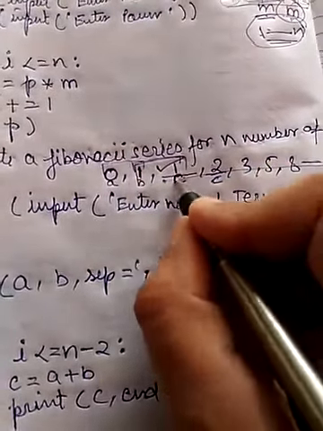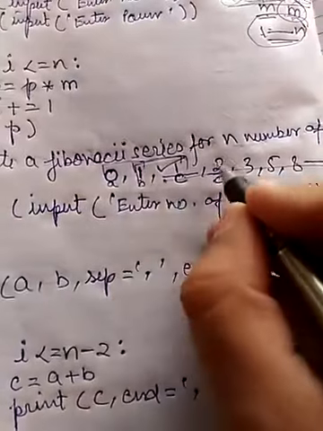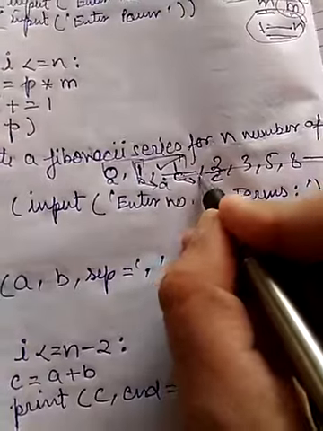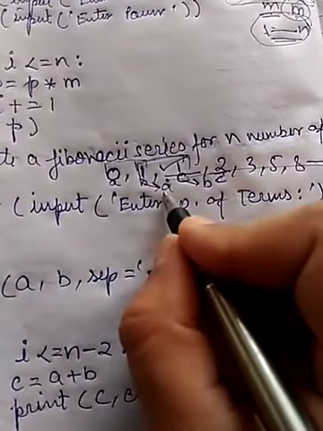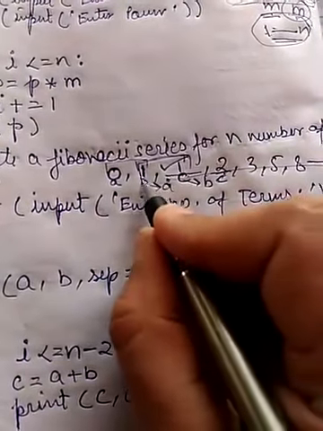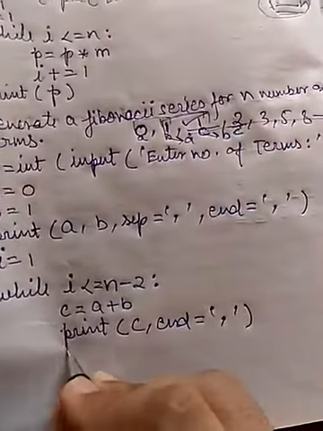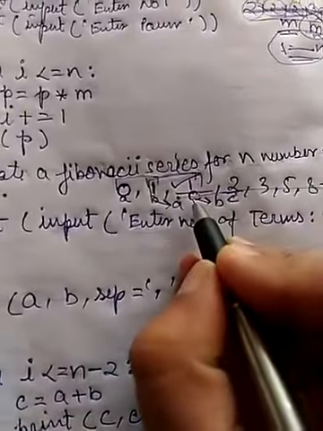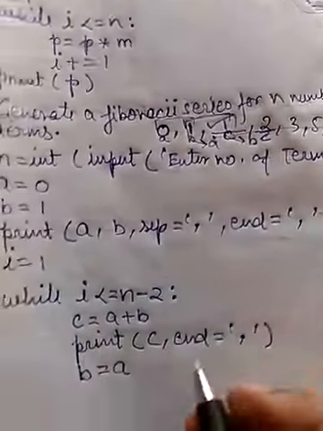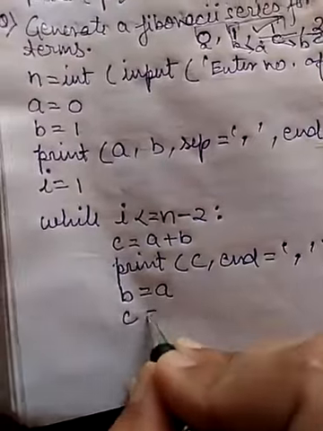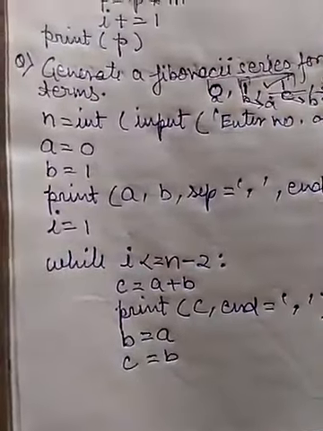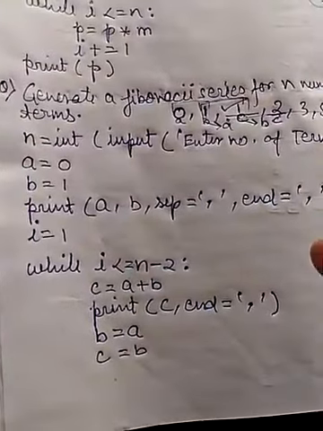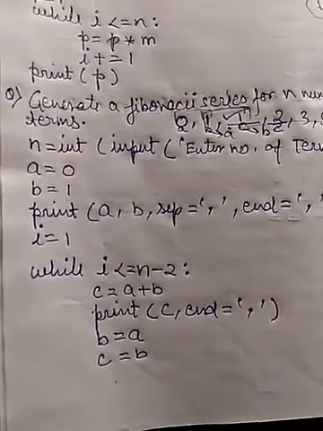When this was C, it was A and B. Now this is C, so this is A and this is B. So what we are doing is assigning the value of B to A, A equal to B, and assigning the value of C to B, B equal to C. In this way the loop will continue for n number of times and generate the Fibonacci series.